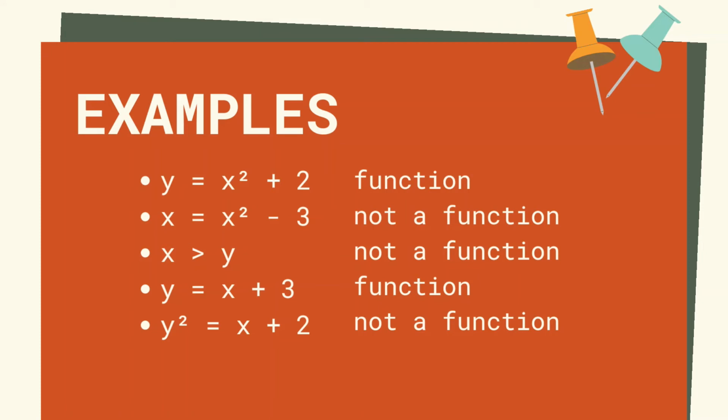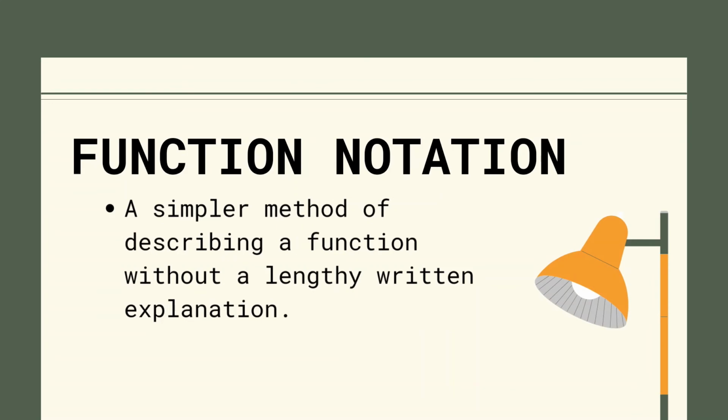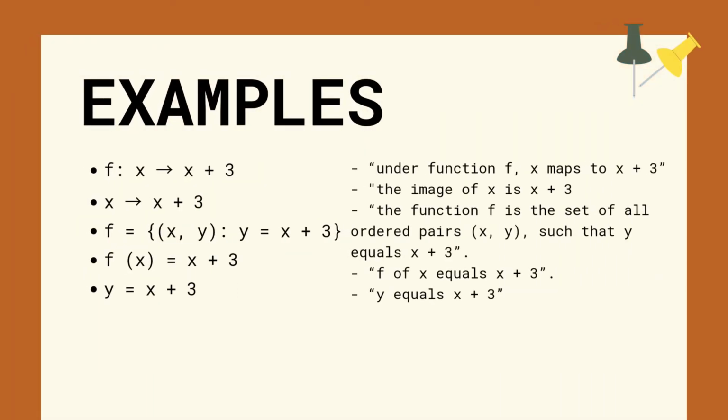A function notation is a simpler method of describing a function without a lengthy written explanation. Functions are being written in different ways. Here are some examples. The first example can be written as under function f, x maps to x plus 3. The second example can be written as the image of x is x plus 3.